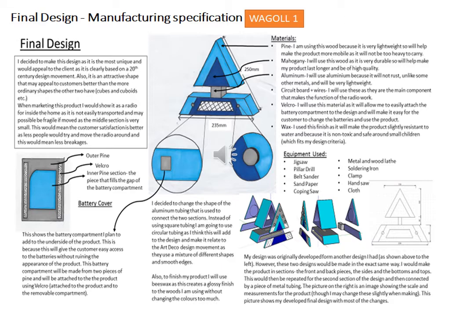Okay, so we've got waggle number 1 here on this page, and you'll see that the words are quite tricky to read, and to be honest, that's not a bad thing, because the idea of this is for you to have a look at the layout of the page and have a look at the second waggle as well, and see that there are different ways of presenting your work, as you know, and it's the same with a manufacturing specification.